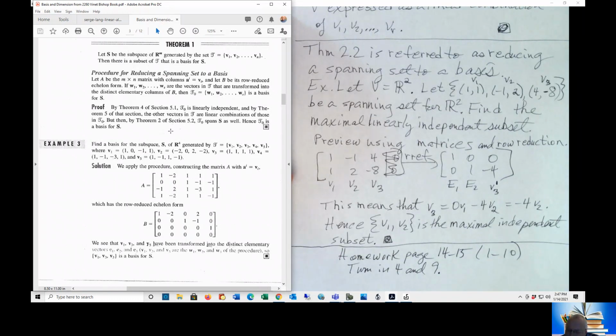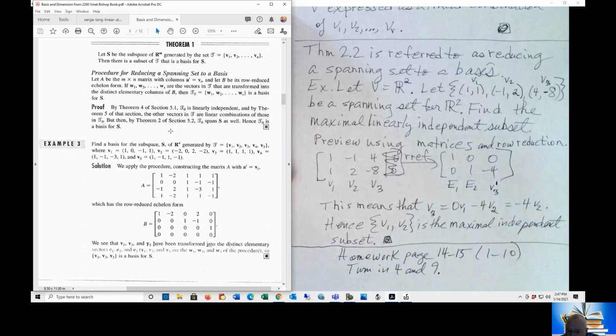But that third column there, (0, -4), is non-elementary, not elementary. Now that means that that third column is linearly dependent on the previous two independent columns.